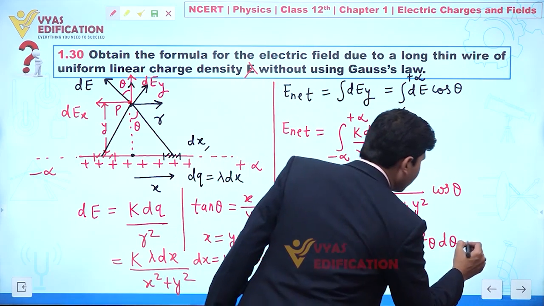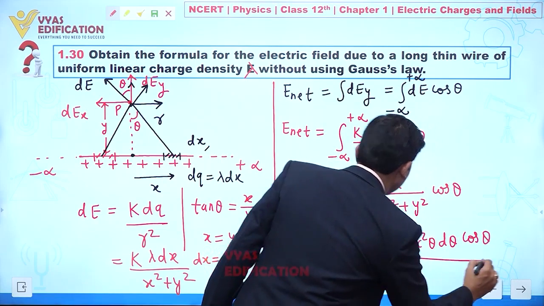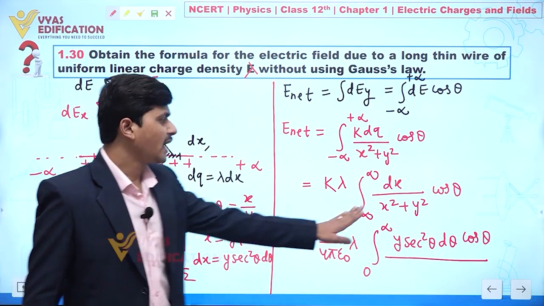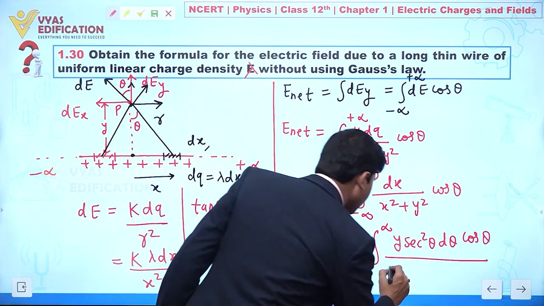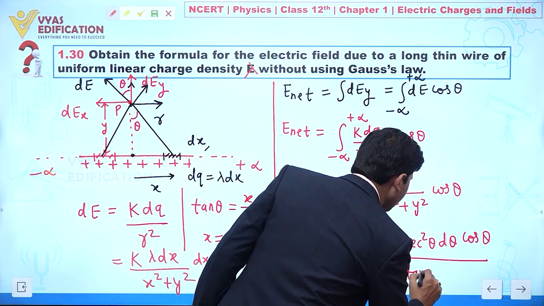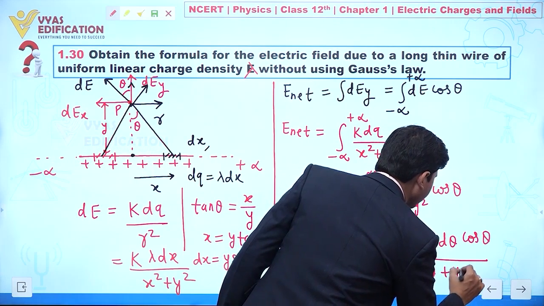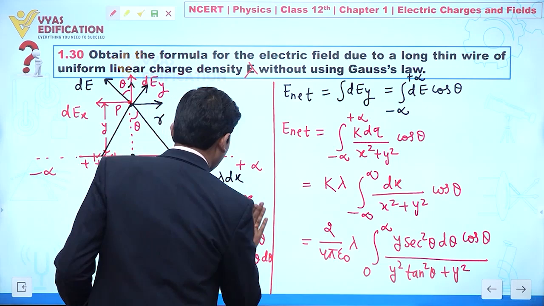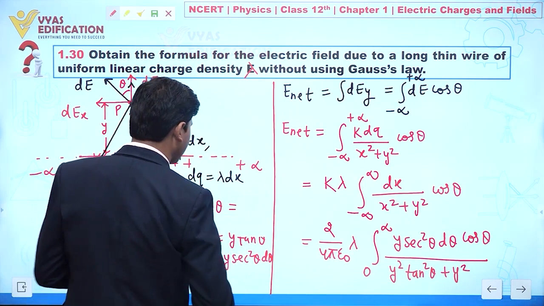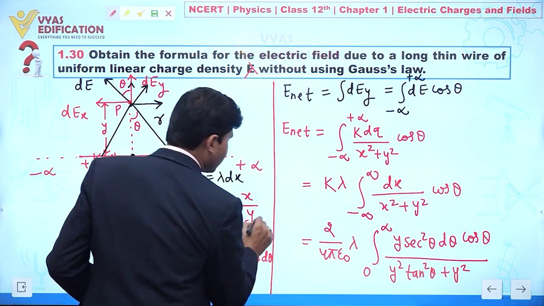And we have here cos theta also, divided by x square plus y square. The x value is y tan theta, so we can write y square tan square theta plus y square. Clear to you? Yes or no? So now our objective here is to solve this equation.